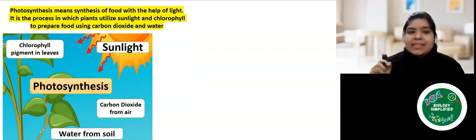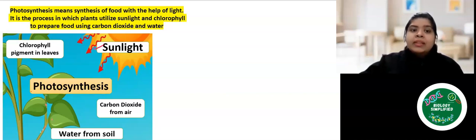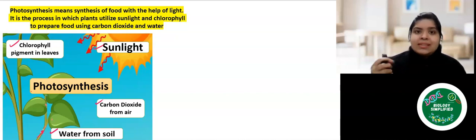Now, photosynthesis is the process by which the autotrophs prepare their own food using sunlight and the chlorophyll pigment which is present in the leaves or the green parts of the plant. The carbon dioxide from the air is used and also water from the soil is taken up, which is required for the process of photosynthesis.